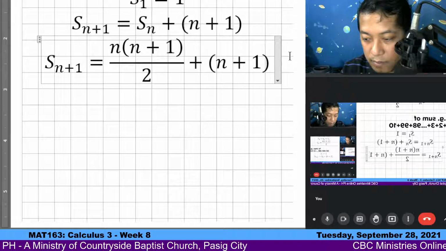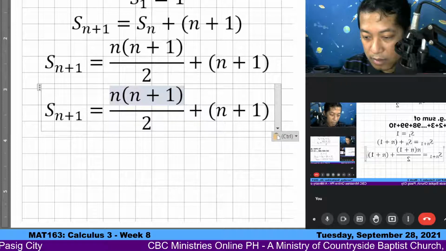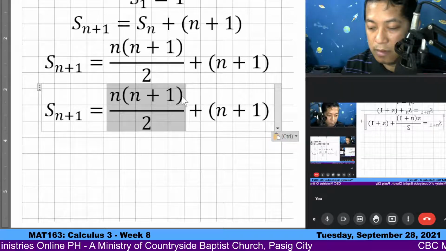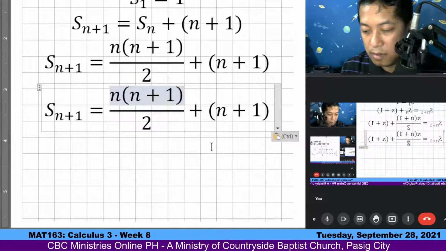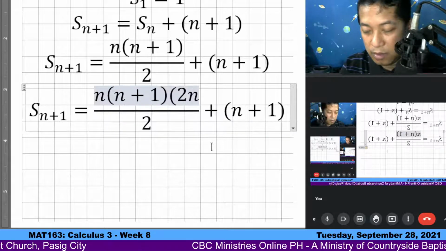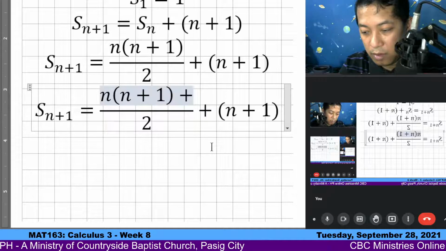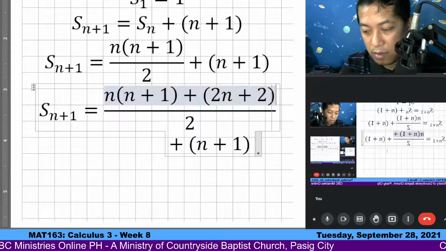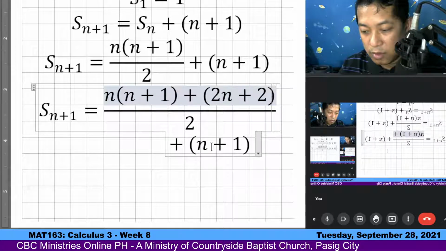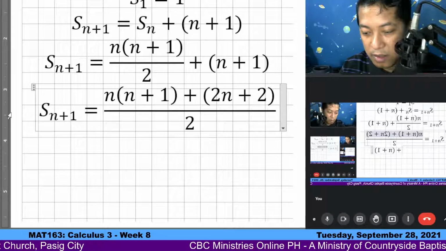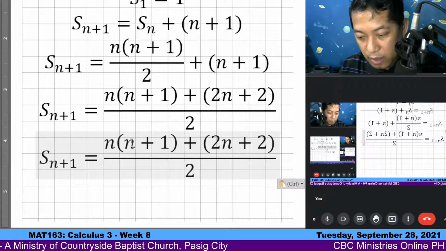So we could say that this is multiplied by 2n plus 2. Okay, so yan yung magiging natin dyan, no? So that there could be an inclusion, and then from here you could just simplify the numerator.